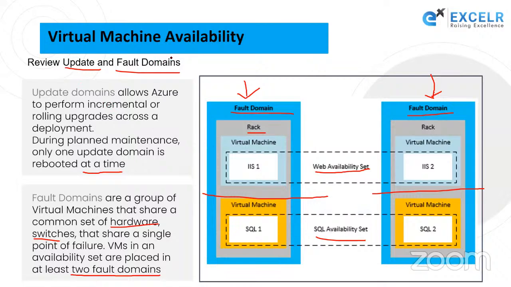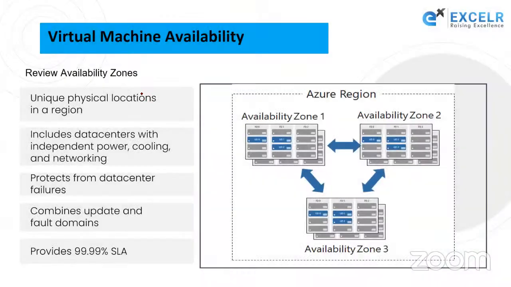This concept is available in your Azure environment, and this is the availability set. There is a newer concept available with your virtual machine, called the availability zone. This availability zone feature is not available everywhere, but what it does is mitigate any kind of availability zone failure.